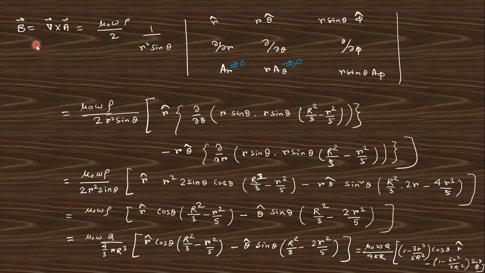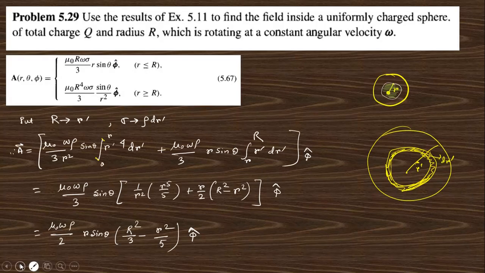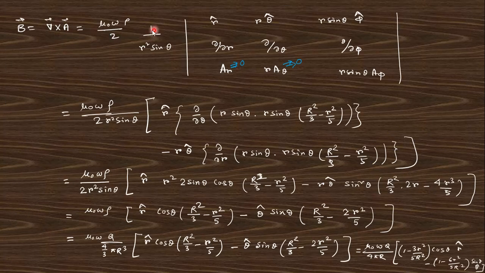Now this was the vector potential, and the magnetic field is the curl of A. So put in this value and take the curl of this potential; here the theta component is 0. For r cap, the del by del theta term is present, and this one is 0. For theta cap, the del by del r term is also present, and this one is 0.